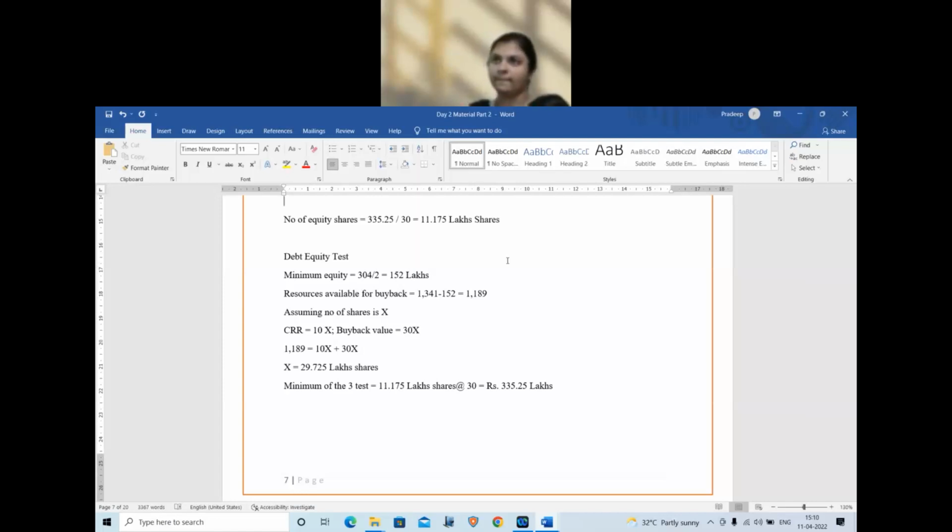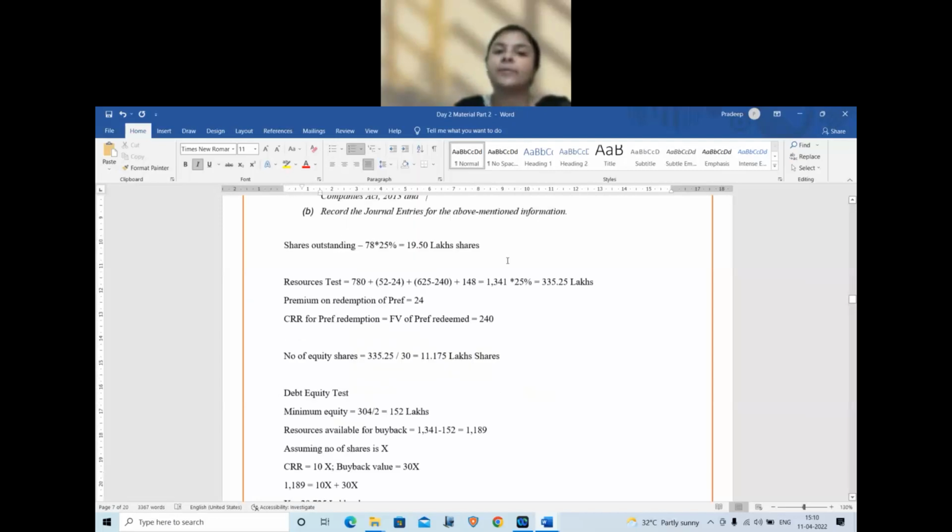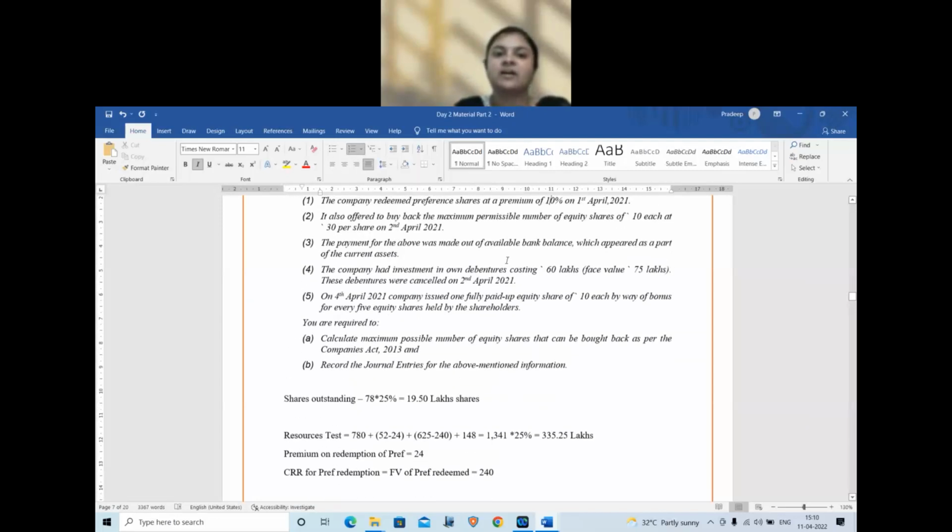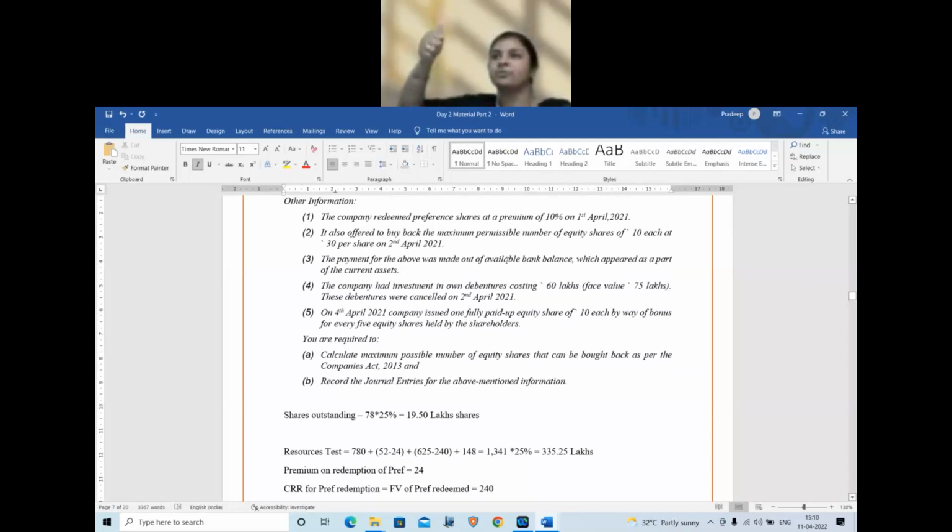So you want me to summarize the flow of the transactions. I'll quickly summarize it. First entry will be preference redemption, then premium write-off on preference redemption, then CRR for preference shares. So three entries for preference.